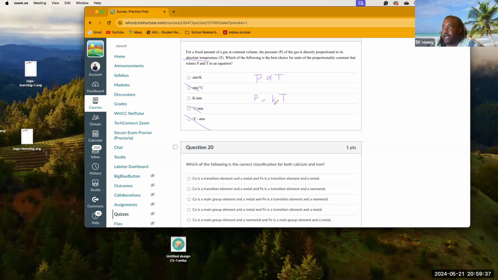Now, we're going to be multiplying K by T, and it has to equal atmospheres on the other side. So for the units to cancel out, do I want K on the bottom and atmosphere on top? Or do I want K on top and atmosphere on the bottom?